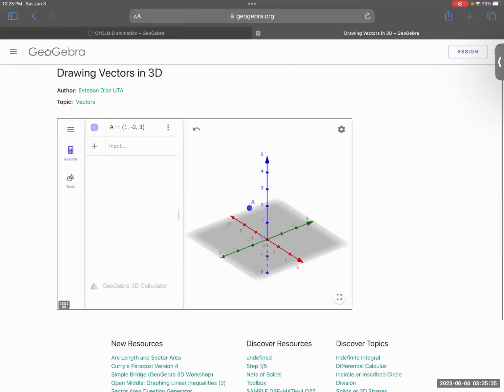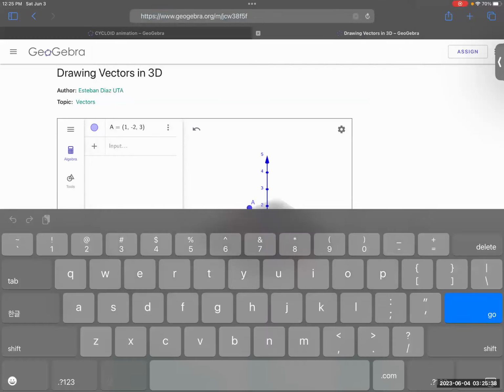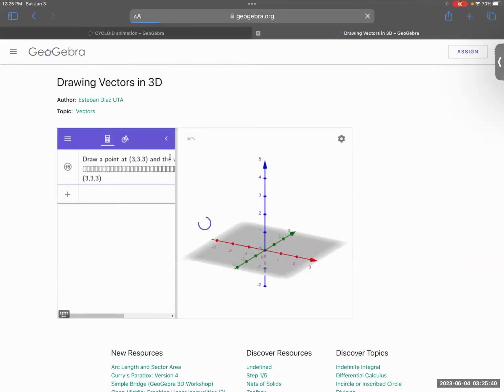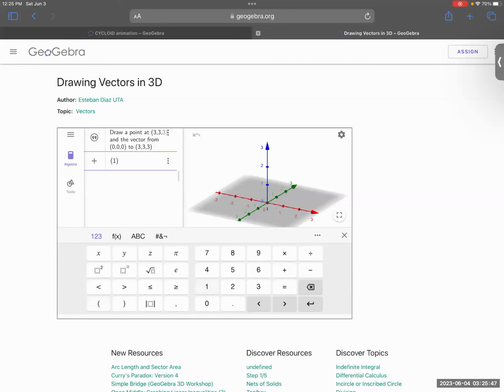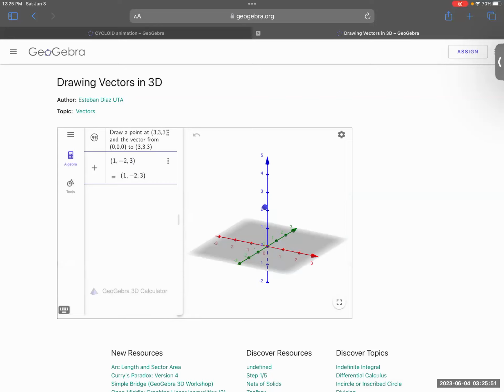So this is a GeoGebra website that helps you see the 3-dimensional space more visually. Actually, I want to type 1, -2, 3, so I want to locate it.